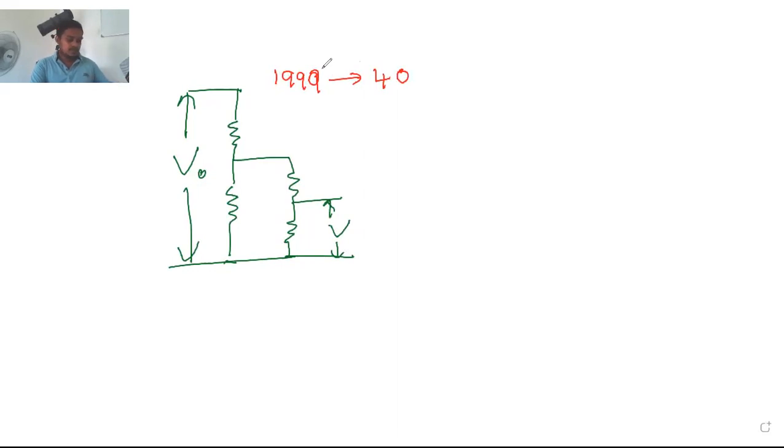The question says, find the V over V naught value. Try to find it. I'll give you the time to do that.